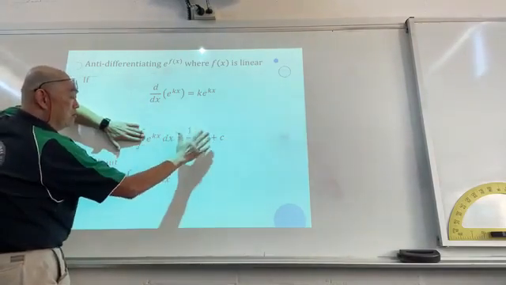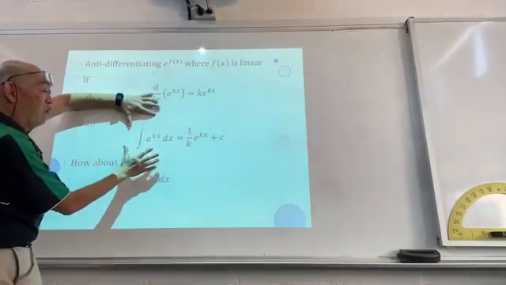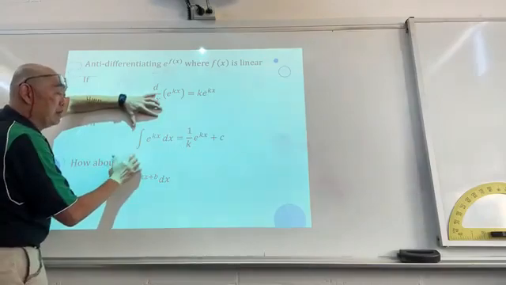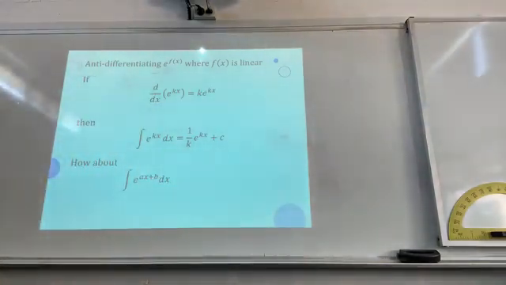So when you integrate e to the power of kx, you must have the 1 over k.